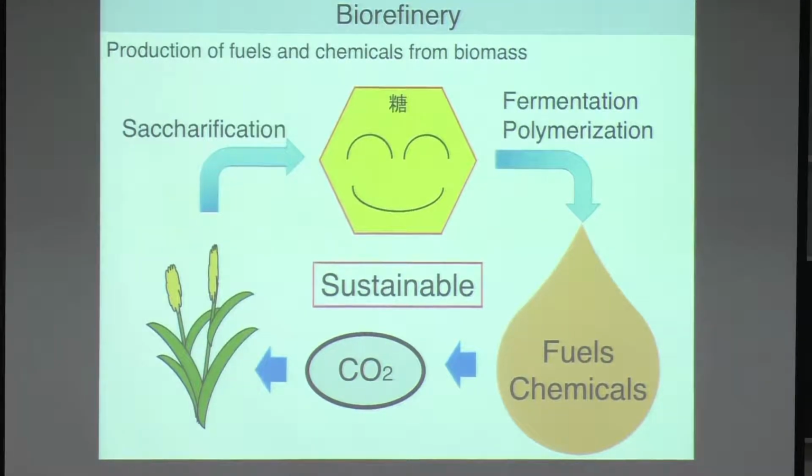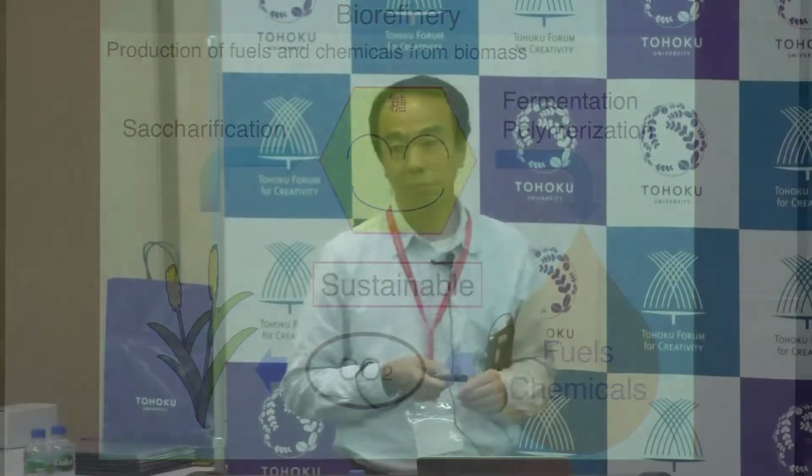So this is a recycling step, and that's sustainable. But the problem is this step, saccharification. To overcome this problem, a number of studies have been carried out, and we have been studying how to modify or breed material plants to be suitable for biorefinery by enhancing saccharification yields.